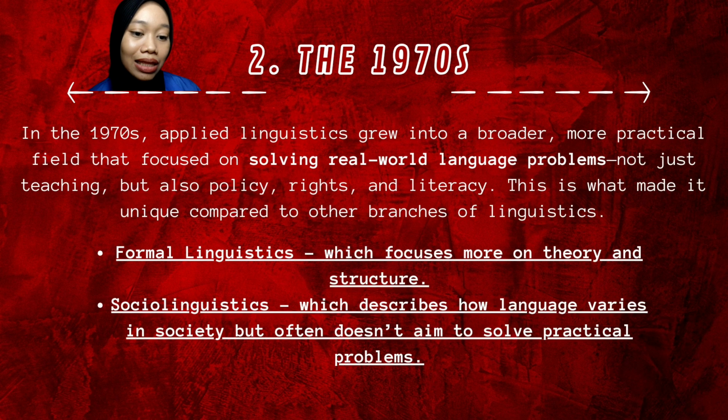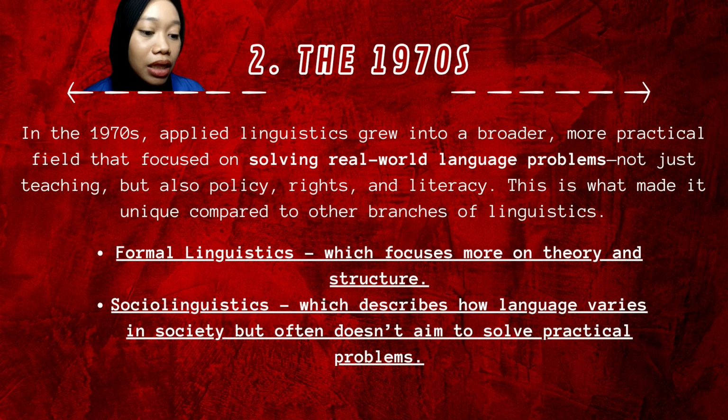Now to the 1970s. In the 1970s, applied linguistics grew into a broader, more practical field that focused on solving real problems in the world of language, not just teaching but also policy, rights, and literacy.